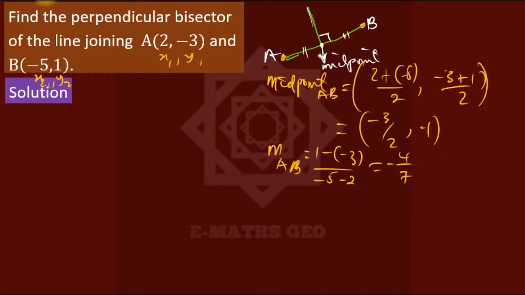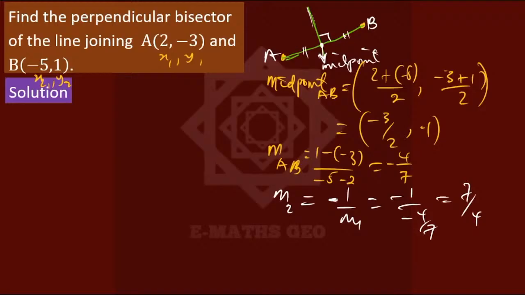That's the slope of the first line. Therefore, the slope of the second line, which is the perpendicular bisector, m2, is minus 1 over the slope of the first one. The condition for two lines to be perpendicular is that the product of their slopes must be minus 1. So we have minus 1 divided by 4 over 7, which is minus 7 over 4.